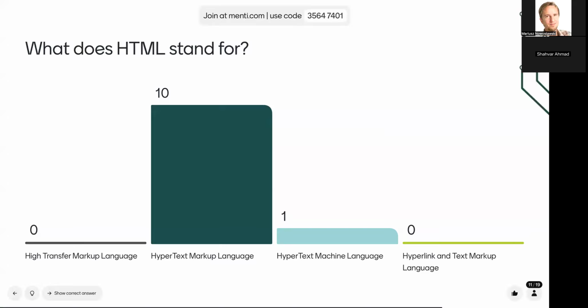Yes, it's even in the name, right? Hypertext markup language, extensible markup language, right? So it's XML. HTML is a concrete instantiation of XML.